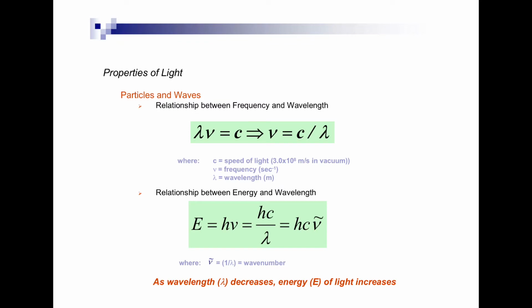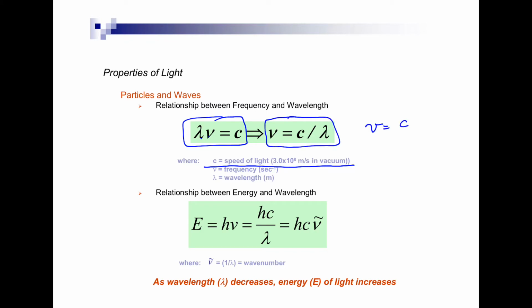There's one other thing that we should talk about, and that is the speed of light. This is one way of writing the relationship between wavelength and frequency. This way over here is a little more common, and you might have seen it written in this format.